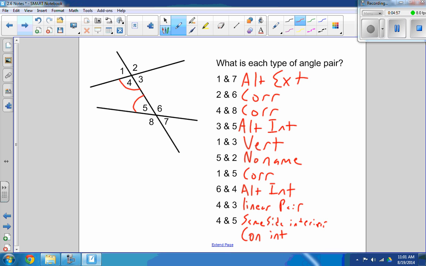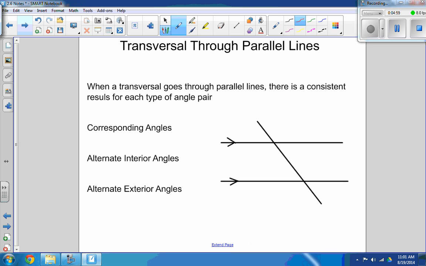Now, when a transversal goes through parallel lines, there's a consistent result for each type of angle pair. Corresponding angles are congruent.